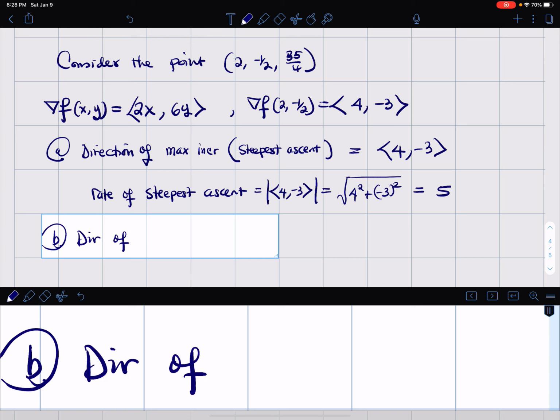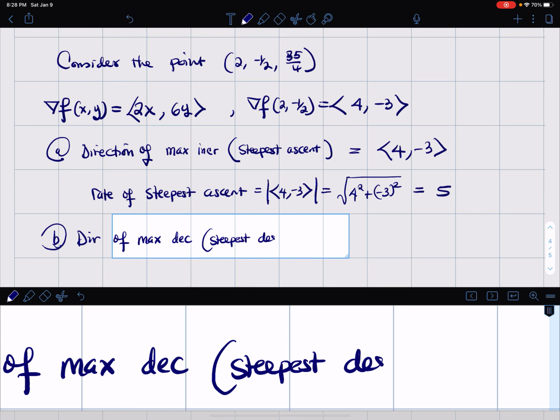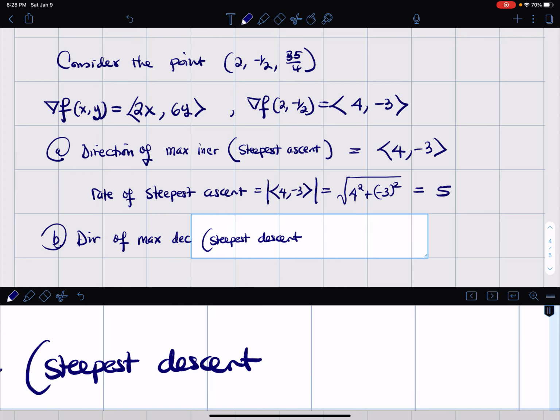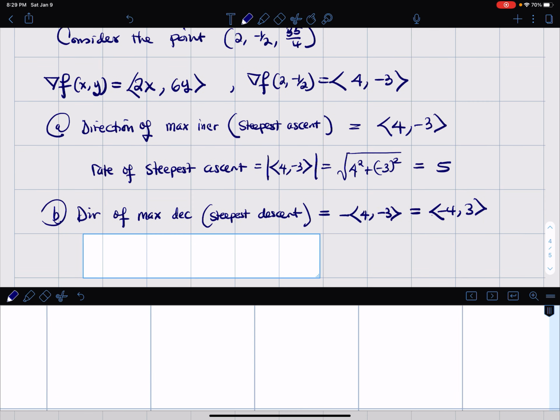So that means that the direction of maximum decrease, which is steepest descent, is going to be negative 4, 3, right?